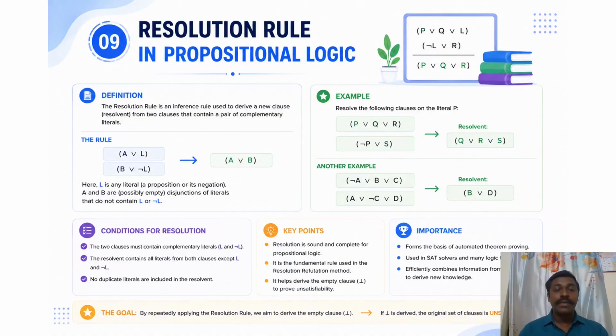For example, A or L, and B or not L, will produce A or B. Because the literal L and negation L complement each other, there is no possibility of L remaining, and it will produce A or B. So that we apply as the resolution rule.